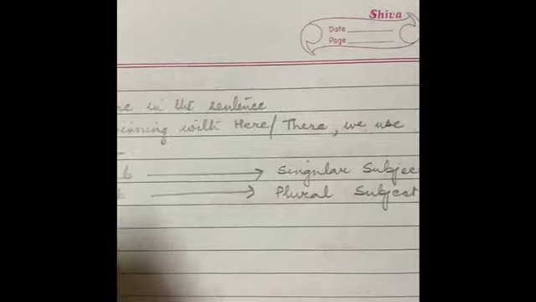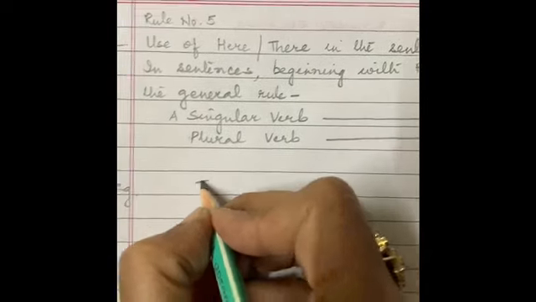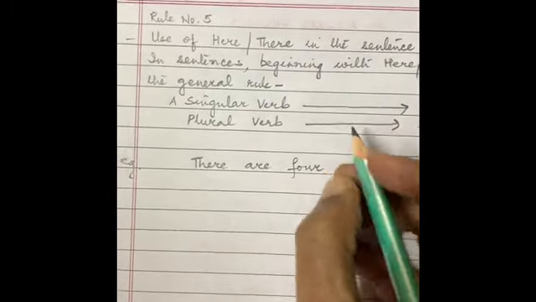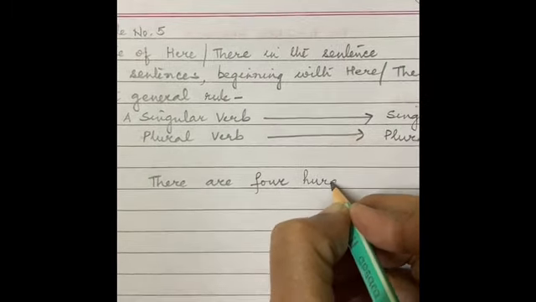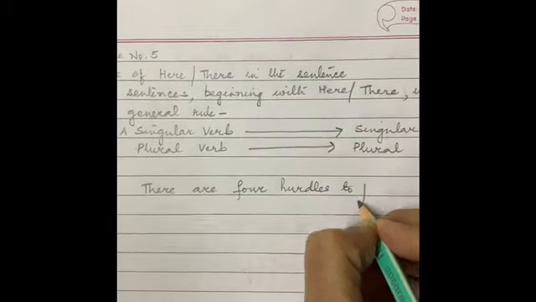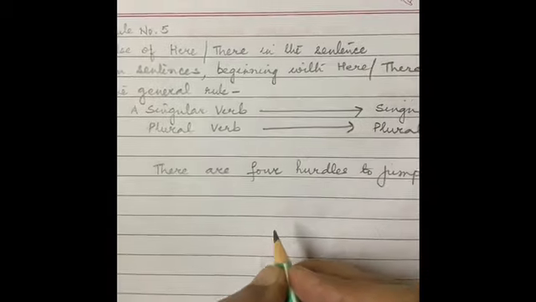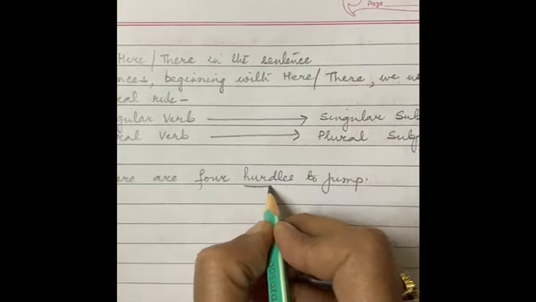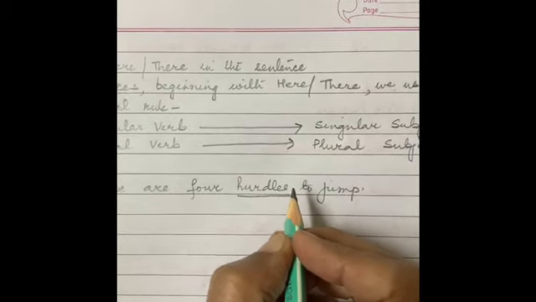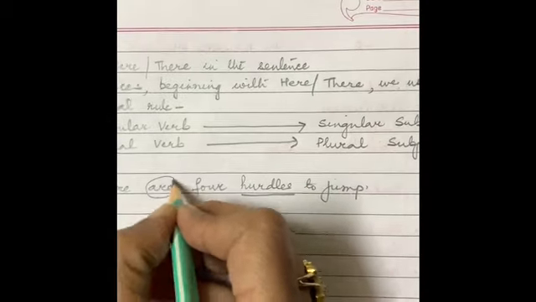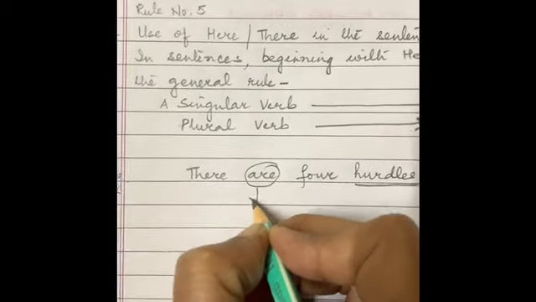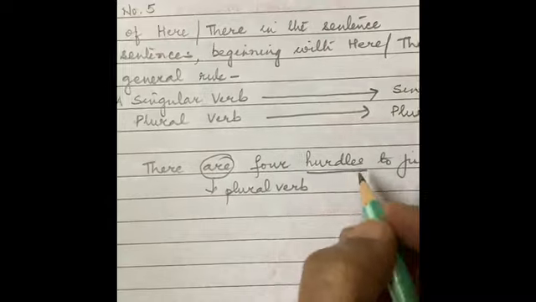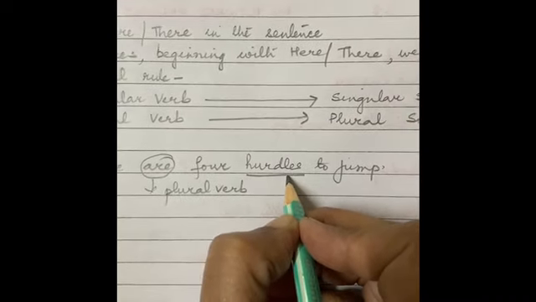For example, there are 4 hurdles to jump. Here, for the plural subject hurdles, we have used the verb are. Plural verb. Why? Because the subject is plural. Fine.